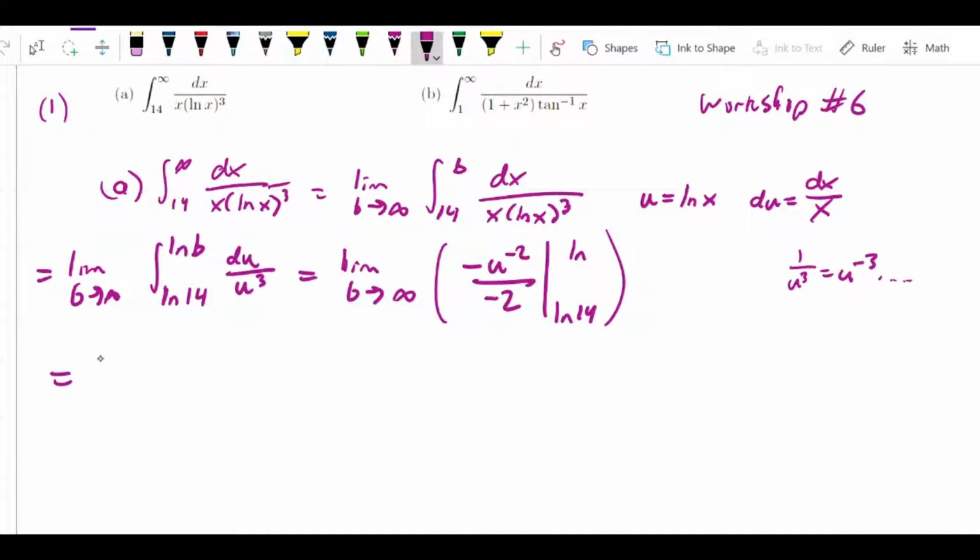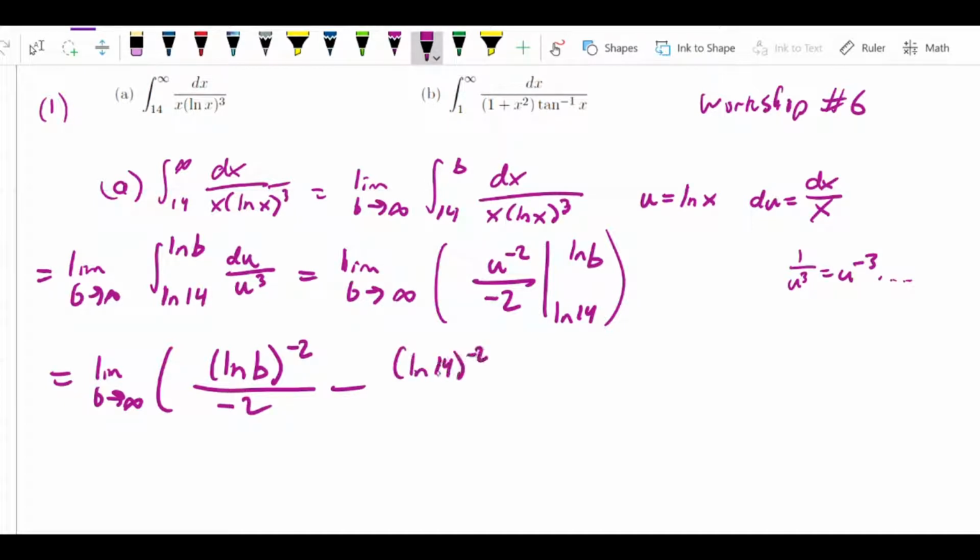So this is going to be the limit as b approaches infinity of, I'm going to substitute now, negative 1 over 2, ln b to the negative 2 over negative 2, minus ln 14 to the negative 2 over negative 2.